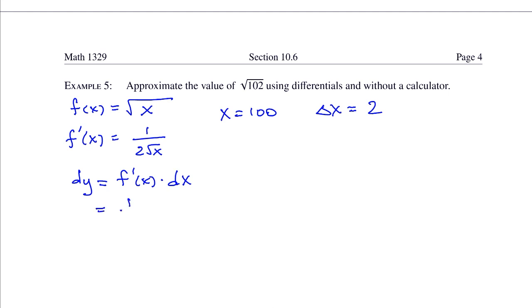This is 1 over 2 square roots of x times dx. Plug in your fixed value for x, which is 100. And then assume that the dx is the same as the delta x, and that's 2.